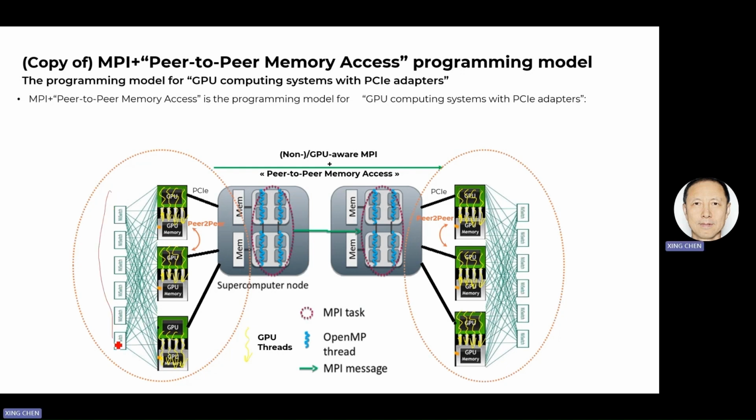Now, usually from the marketplace, we know the quantity of GPUs connected to a node is 4 GPUs per node or 8 GPUs per node, and then these GPUs are interconnected with each other.